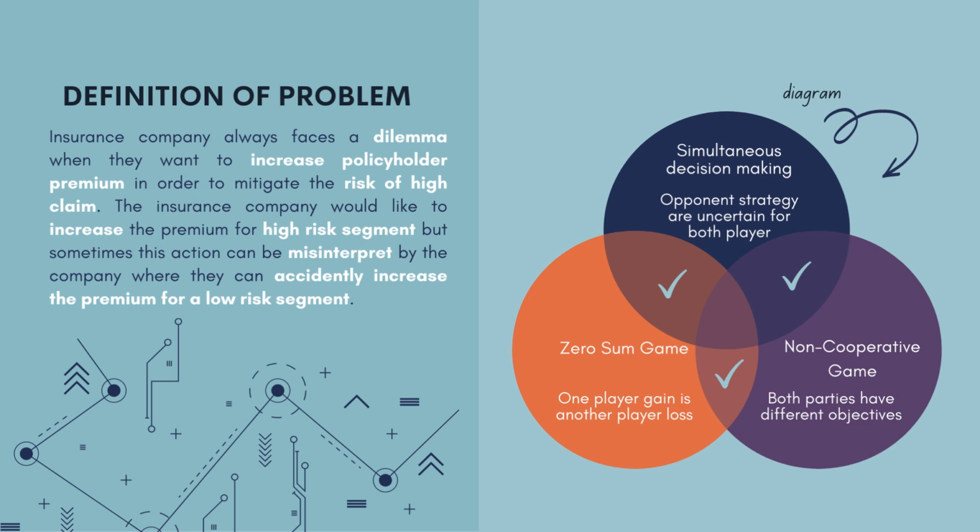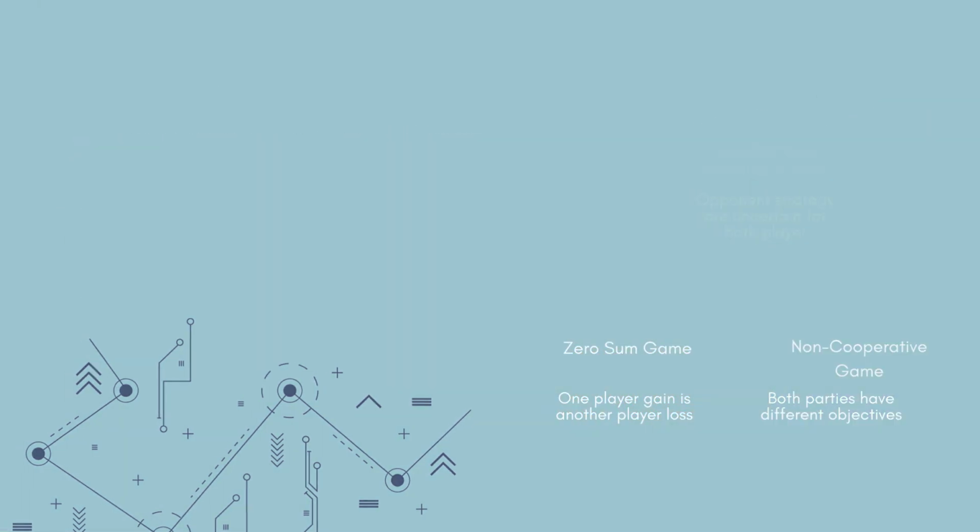I will explain that when I explain the payoff. And third, it is a non-cooperative game because both parties definitely can't really discuss in detail. It's very rare for a policyholder and insurance company to discuss the price that they need to pay for the premium.